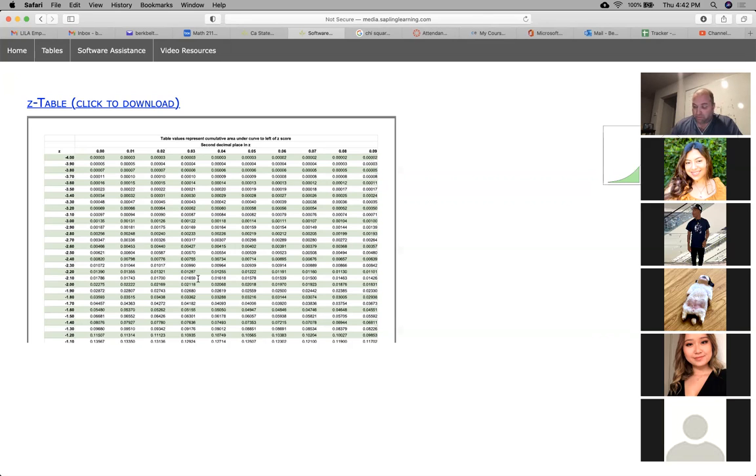So let's convert 750 to its z-score. How do I compute the z-score for 750?